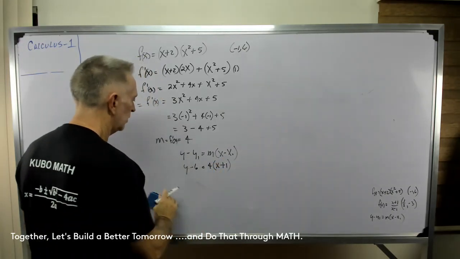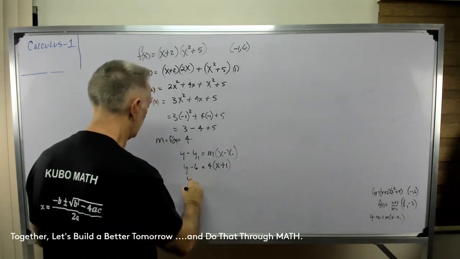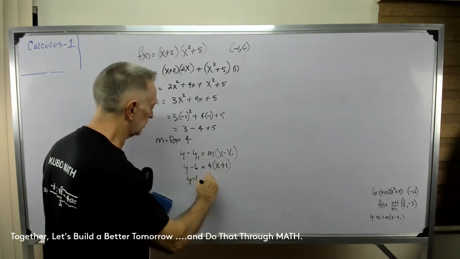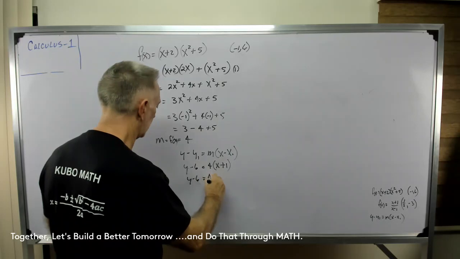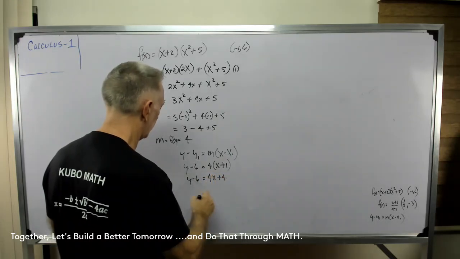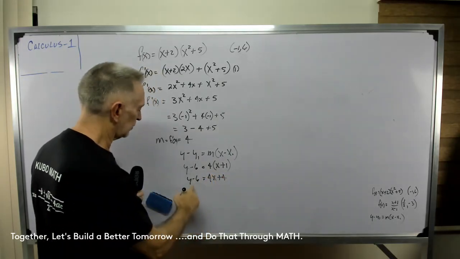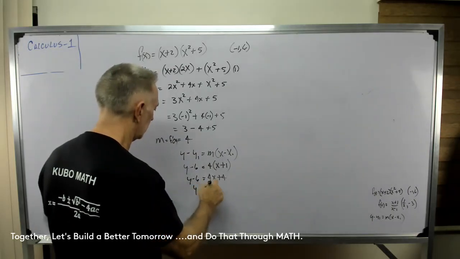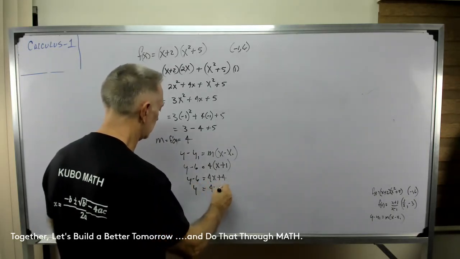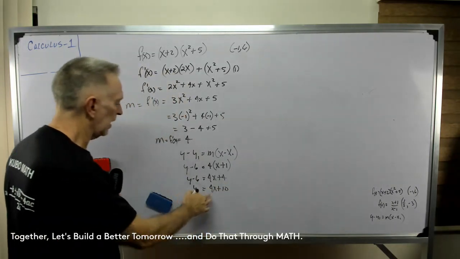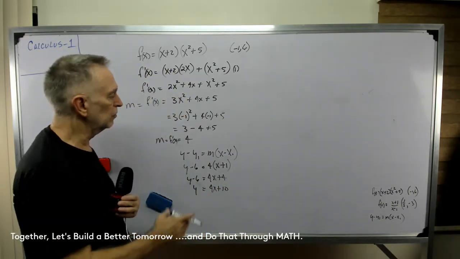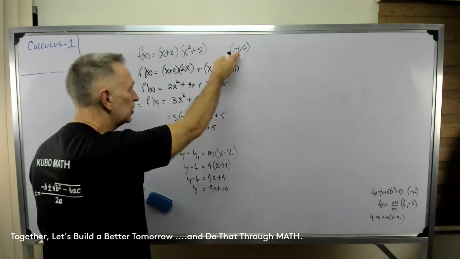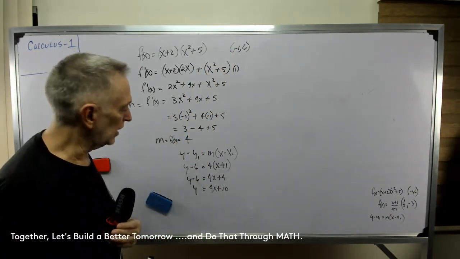Okay, so now I have y minus 6 equals 4, and we just distribute the 4 inside, equals 4x plus 4. So if I add 6 to both sides, y equals 4x, 4 plus 6 is 10. So y equals 4x plus 10 would be the equation of that tangent line at the point -1, 6.